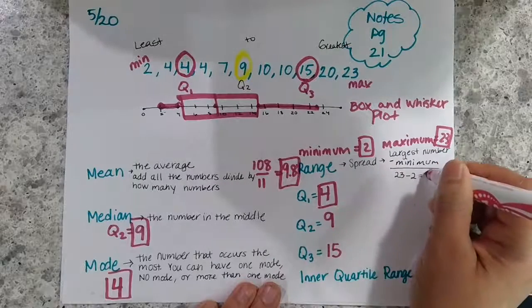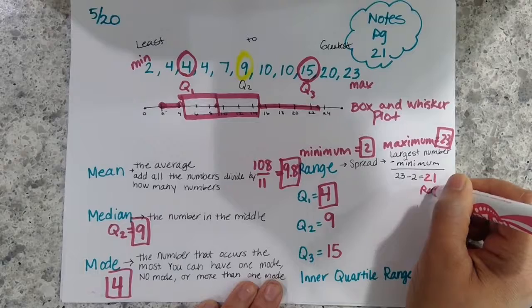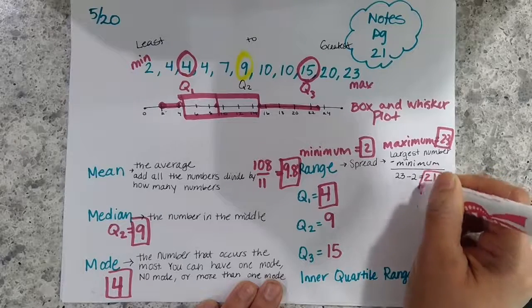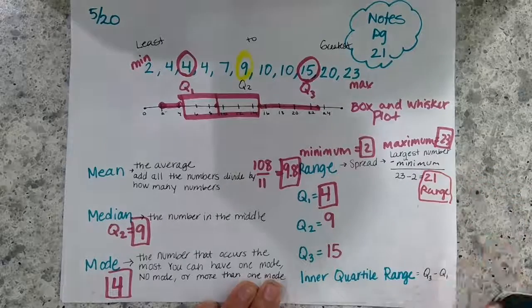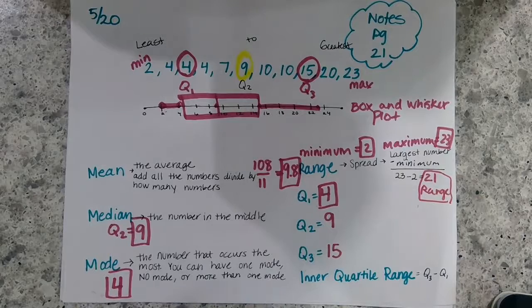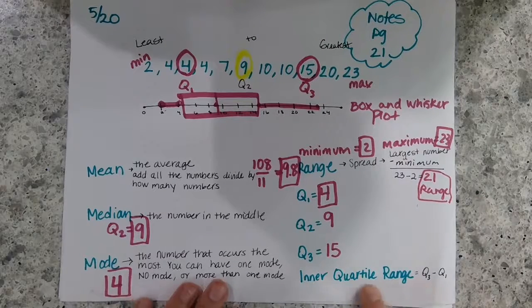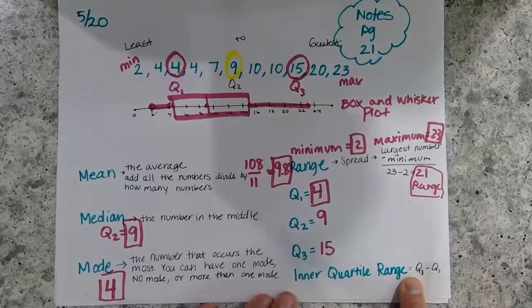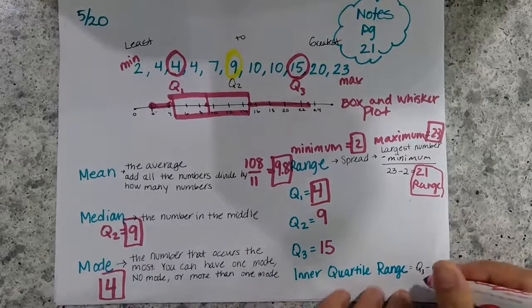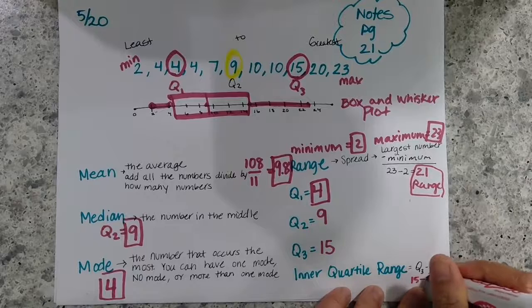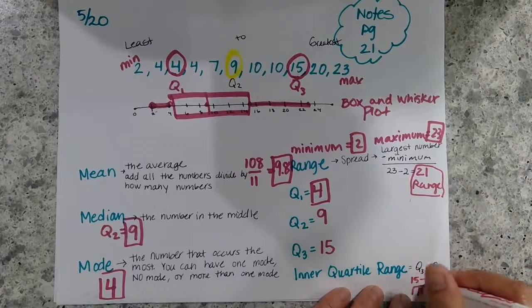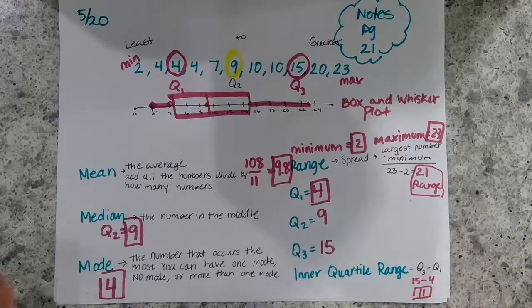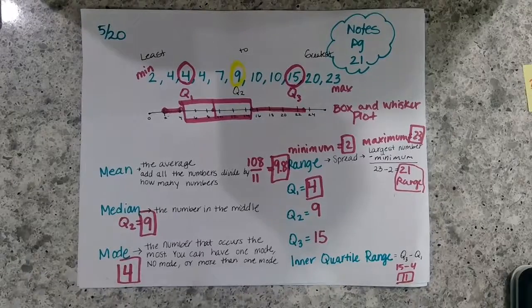So your range is 21. Interquartile range is Q3 minus Q1. So it's quartile 3 minus quartile 1. So 15 minus 4, 11. And that's a bunch of your data. Perfect. Thank you.